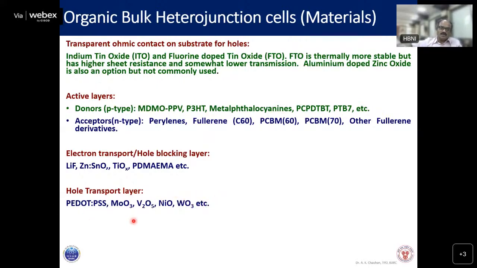The hole transporting layers are of very low thickness as compared to the active layer thickness. And then back contacts are aluminium, gold, calcium or silver. Back contacts means the contacts from where the current or power is drawn from the solar cell. One is this, and the other, from the top side, is ITO or FTO.